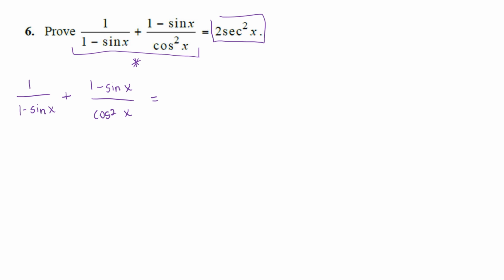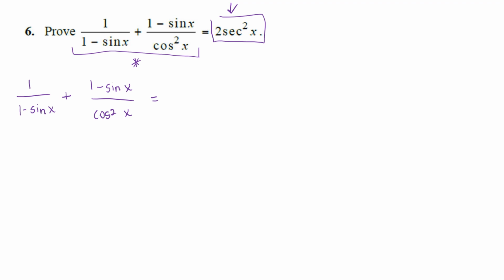Well, we know that we only want one trig function, which means that we have to combine these two fractions together. So we need common denominators so that we can combine them into one term. So how can we do this? There's many ways that we can approach this.